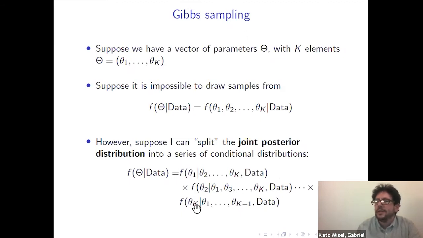And the same for the conditional posterior distribution of theta k given theta1, theta2, etc. If each of these conditionals is recognizable, or in other words, I can generate samples from these distributions, there is a version of the law of large numbers, which I go into in a little more detail in the slides, that tells me that if I can break down this problem into a series of conditional distributions and sample from each of them, then I can approximate the joint distribution of all the parameters.